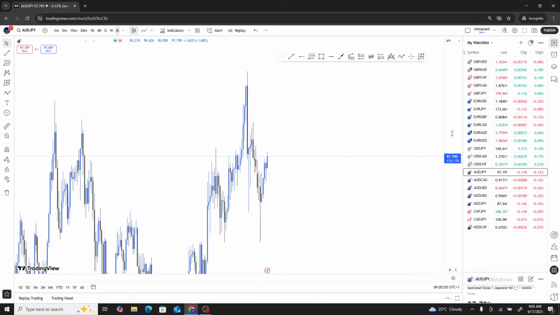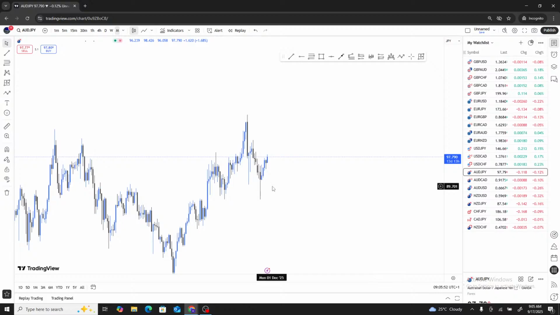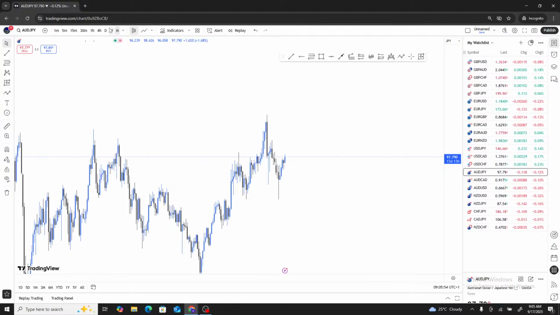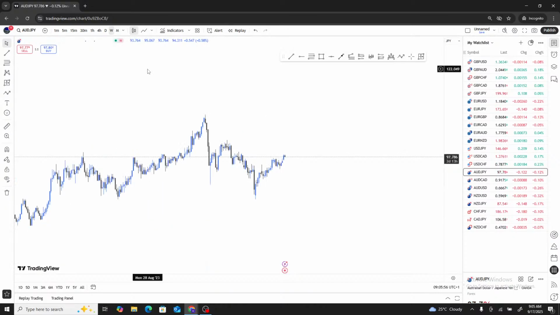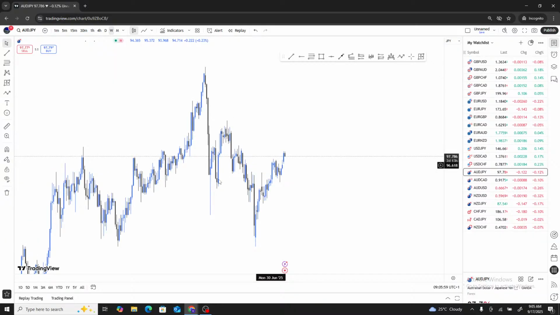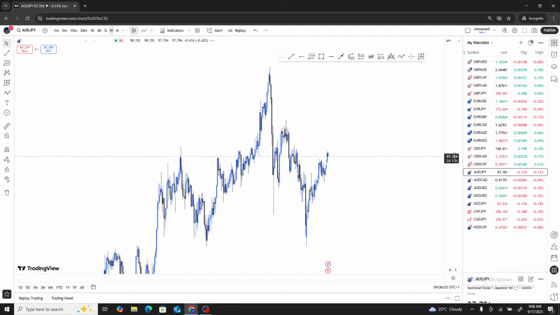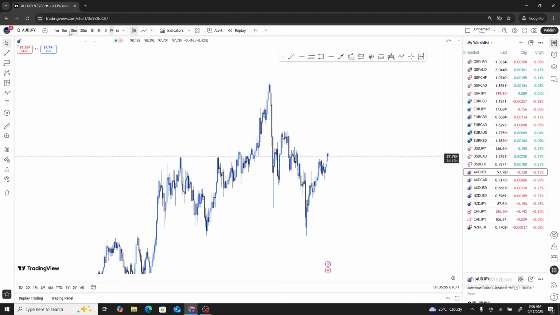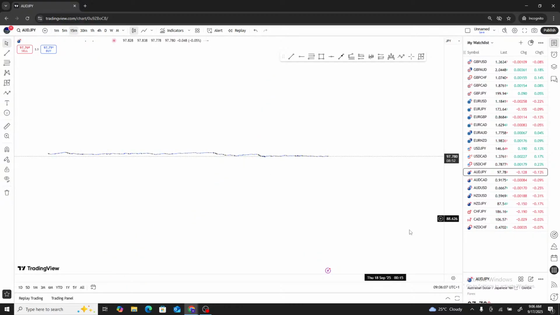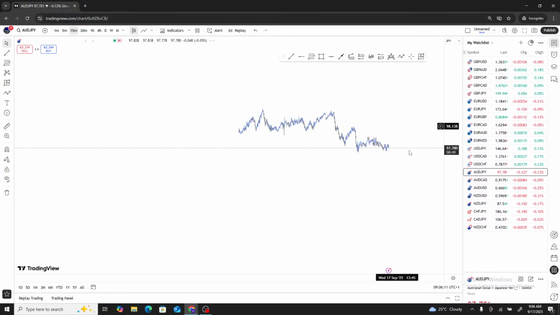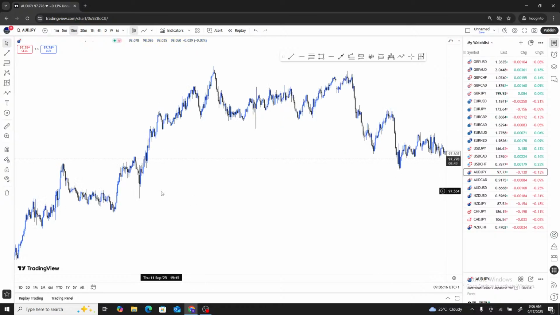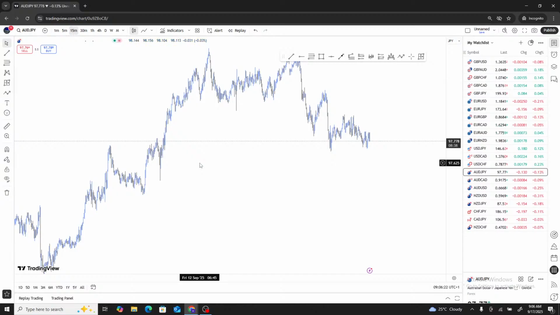See, this price has been on an uptrend. Okay, so AUD JPY, we look forward to buys. We look forward to buy this pair, but let's look for levels where we can easily buy. Okay, levels where we can easily buy.